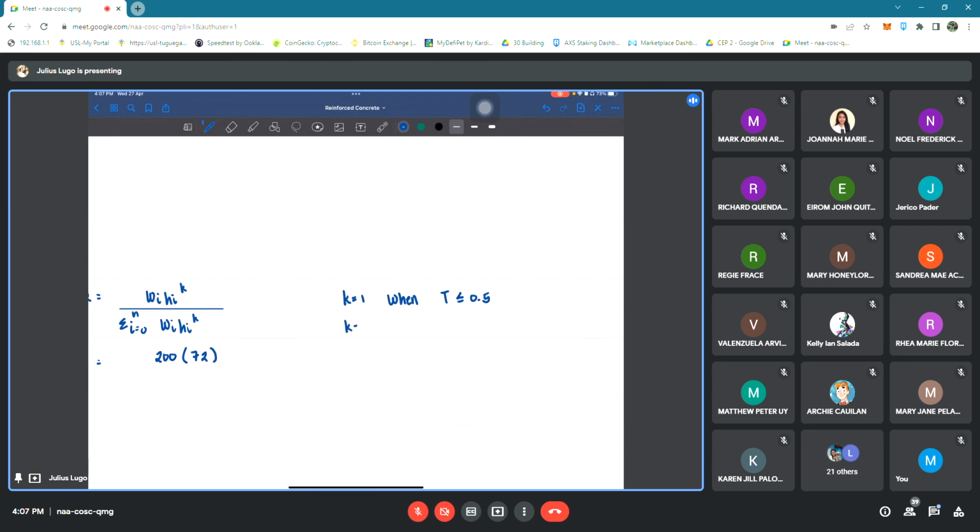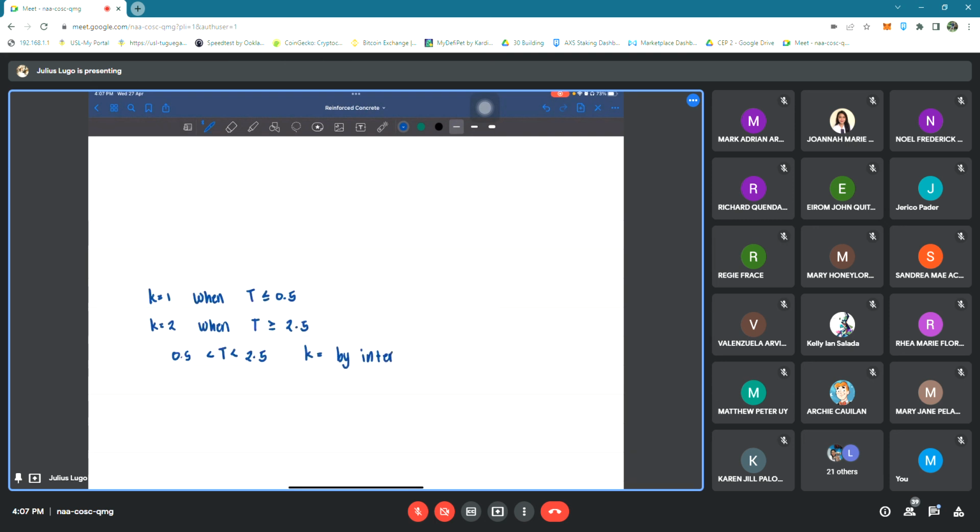And K is equal to 2 when T is more than or equal to 2.5. Now, what if your T lies between 0.5 and 2.5? Your K value is by interpolation.